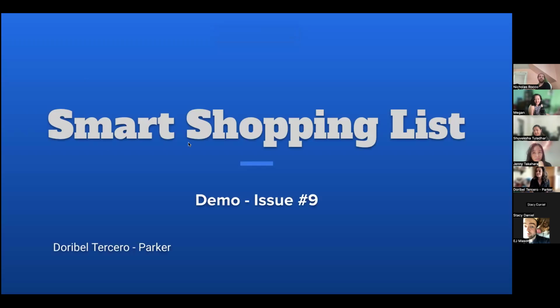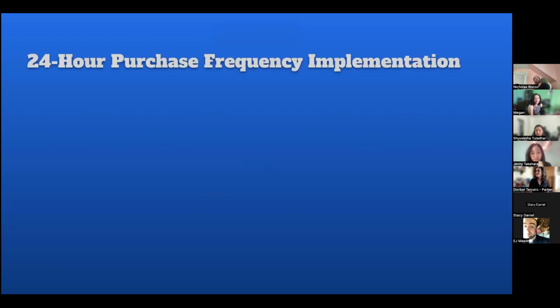So hello, this is Shubeksha and Doribel presenting issue number 9. Issue number 9 is to allow a user to mark their item as purchased and track the items they needed to buy with a 24-hour purchase frequency implementation.